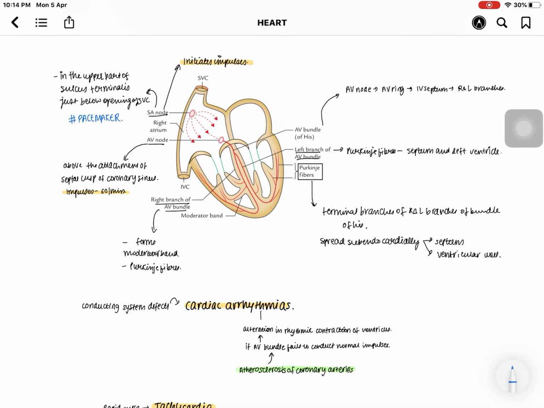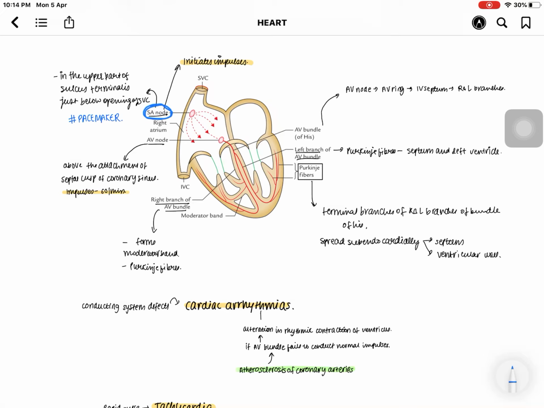Now we will see the conducting system of the heart. The impulse is generated from the SA node. This is the primary pacemaker of the heart, in the upper part of the sulcus terminalis, just below the opening of the superior vena cava. It initiates the impulse, which is passed on to the AV node.